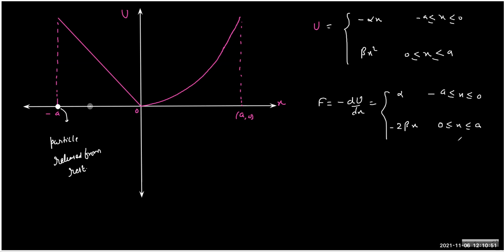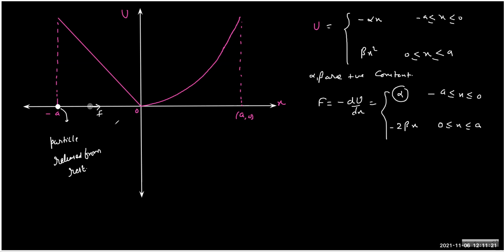And what you can realize is that to the left of the origin, on the negative x-axis, the force is constant because alpha and beta are constant. So the force is constant, so we can say there is a constant acceleration, and force is positive, which means the force is acting towards the right.